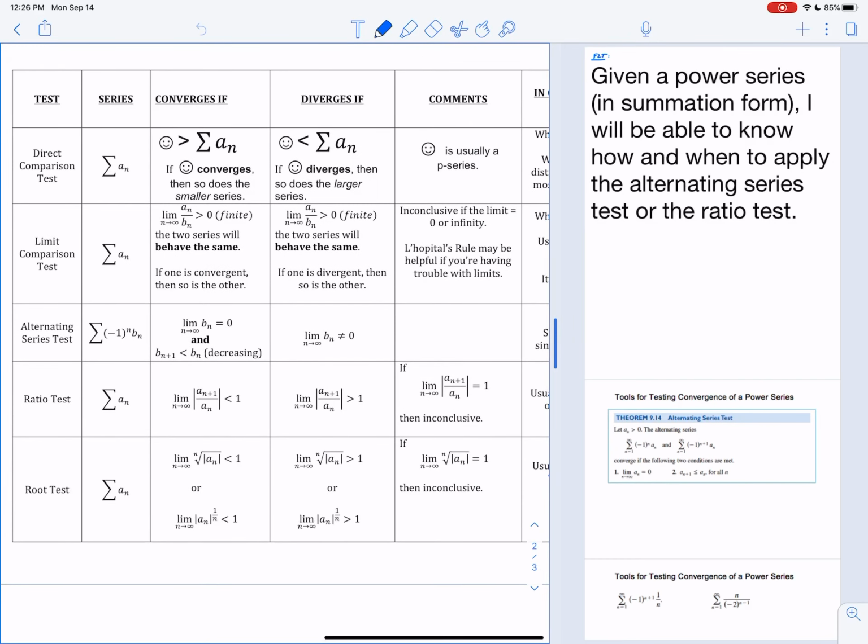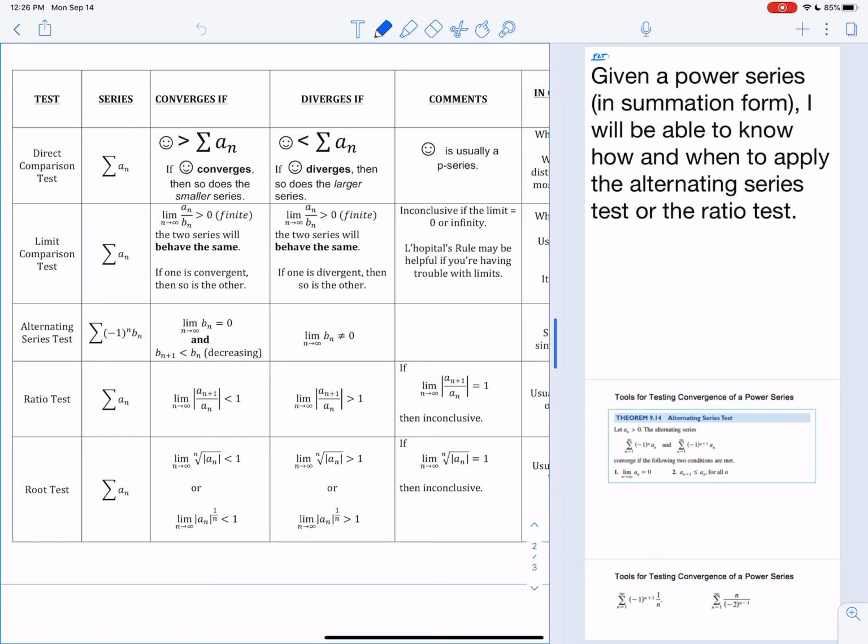And then in the last lesson, you guys had the direct comparison test and the limit comparison test. When certain summations or power series didn't look exactly like a p series or a geometric series, we could compare them in two different ways, by directly comparing or by using a limit comparison.